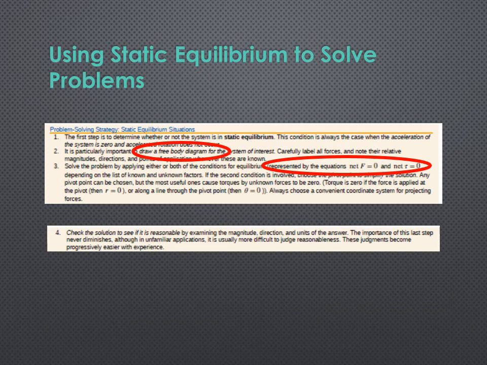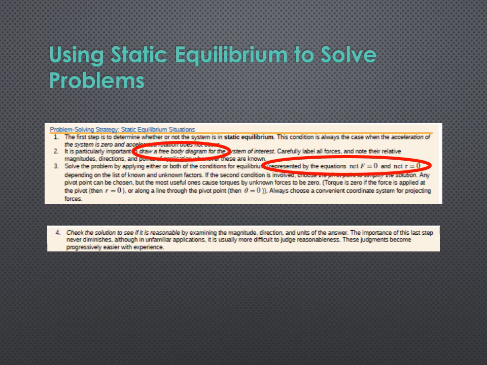If you're doing something with torque, and in this unit, you can guess that most of the time we will be, you're going to have to figure out where your pivot point is. You may be able to choose one. If you do get to choose one, there are some places that are very helpful.